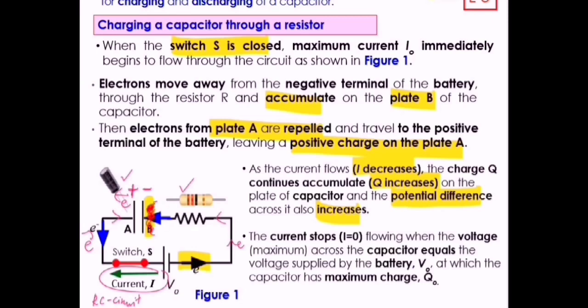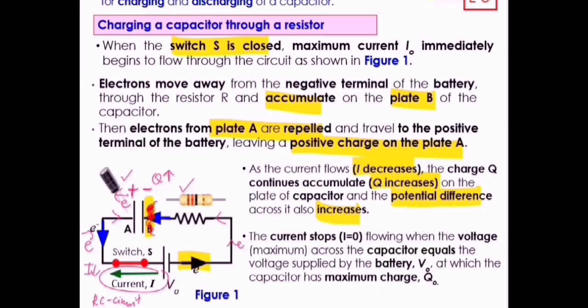So just now, the current would decrease as it keeps flowing out, and the charge would increase. When the charge increases, the potential difference across it will also increase.